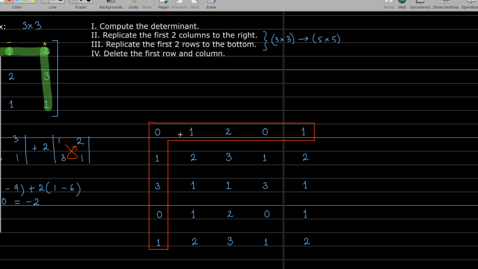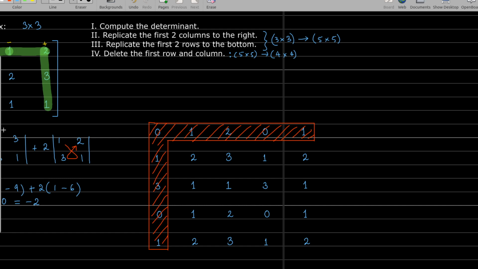This is the first row and the first column. We'll just delete this off. So once we have deleted this, we have something like a minor. From a 5 cross 5 matrix, we'll get a 4 cross 4 matrix. This step should take us from a 5 cross 5 matrix to a 4 cross 4 matrix.